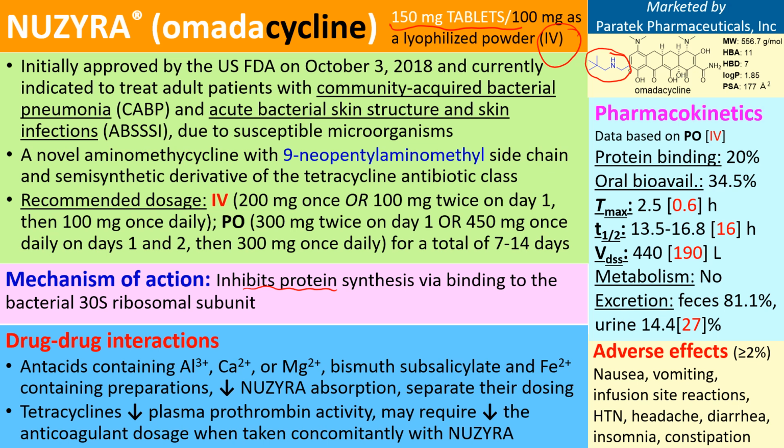Again, because omadacycline has these metal chelation motifs, for patients taking antacids containing these metal supplements, make sure they space out these medications. Tetracyclines decrease plasma prothrombin activity, and may require a lower anticoagulant dosage when taken concomitantly with NUZYRA.